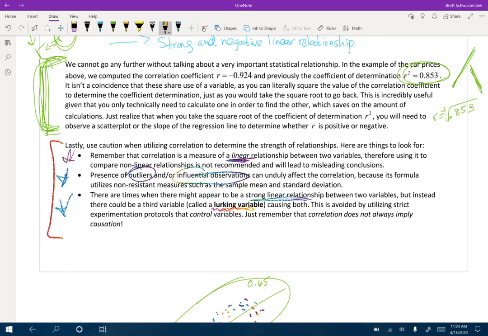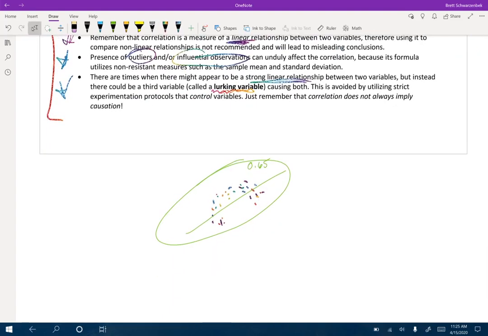Sometimes you're going to get two variables where you'll find a correlation and everything's good. There's a pretty good relationship. But in reality, one variable is not causing the other. Instead, another variable is at play that's affecting this. So what's an example of that in this scenario? Let's say you run some type of analysis with two variables.